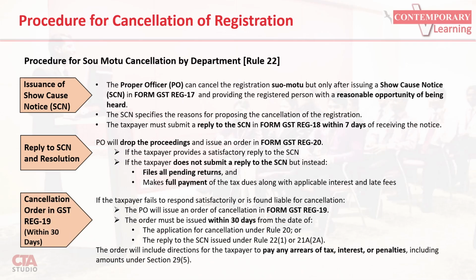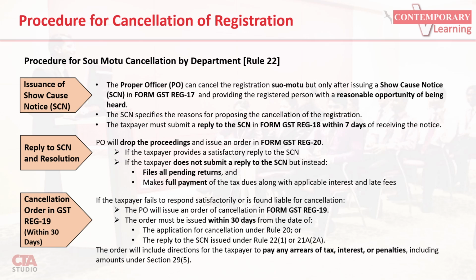Cancellation order in GST REG-19 within 30 days. If the taxpayer fails to respond satisfactorily or is found liable for cancellation, the PO will issue an order of cancellation in Form GST REG-19.